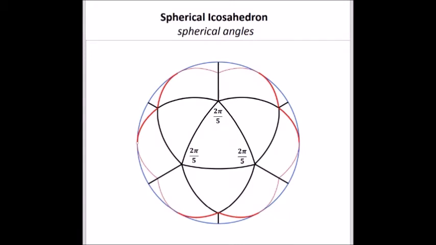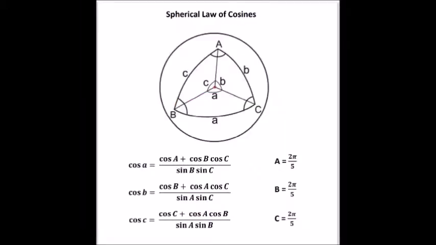So let's start with the spherical icosahedron, of which we know the spherical angles are 2 pi over 5, as seen here. We now take the values for the spherical angles and substitute them into the following formula. Since all the spherical angles are equal, we only need to solve one of them to compute the subtended angles.